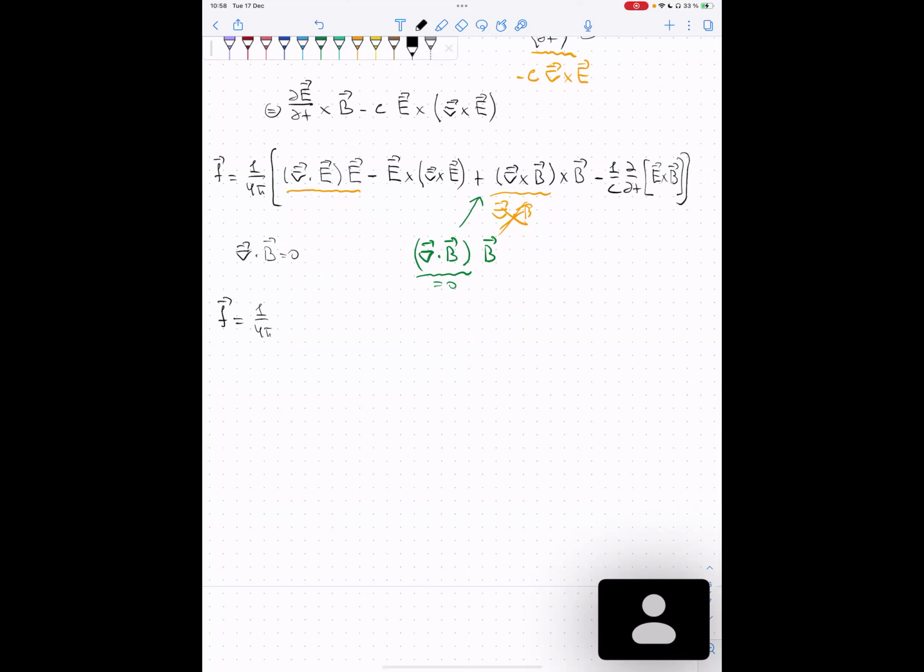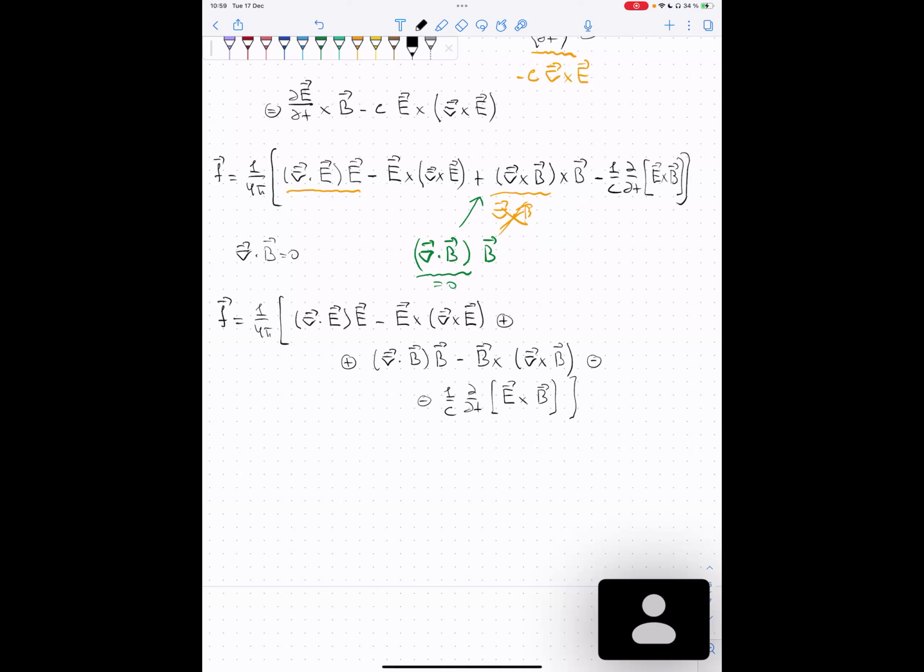In this case, the electromagnetic force will be equal to the divergence of E multiplied by E minus E times curl of E, plus the divergence of B multiplied by B minus B times curl of B, and minus 1 over c d over dt of E times B. Something like this.